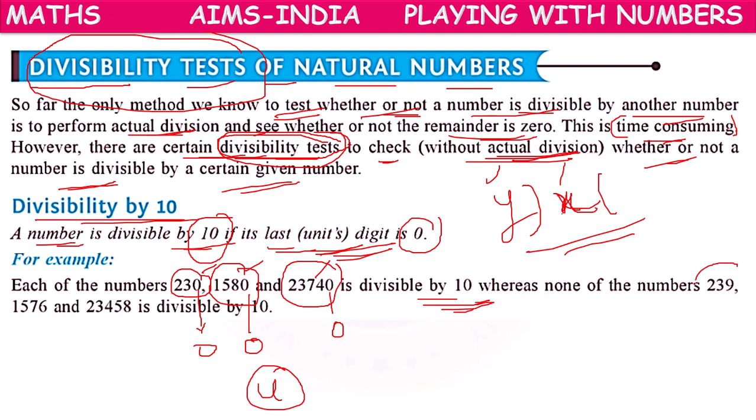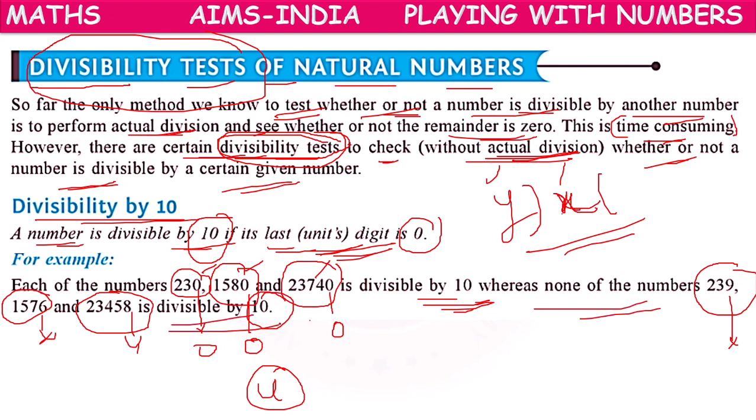Whereas if you observe numbers like 239, 1576 or 23,458, in these three numbers the digit in the units place is 9, 6, 8, not equal to 0. So none of these numbers are divisible by 10.